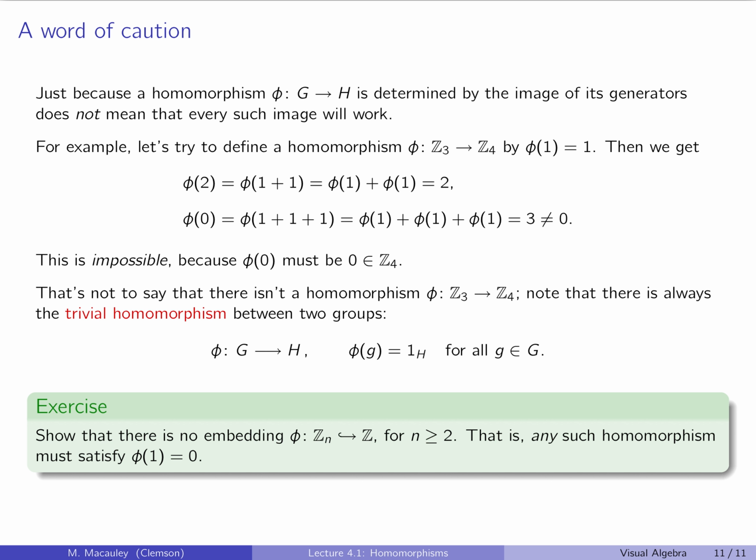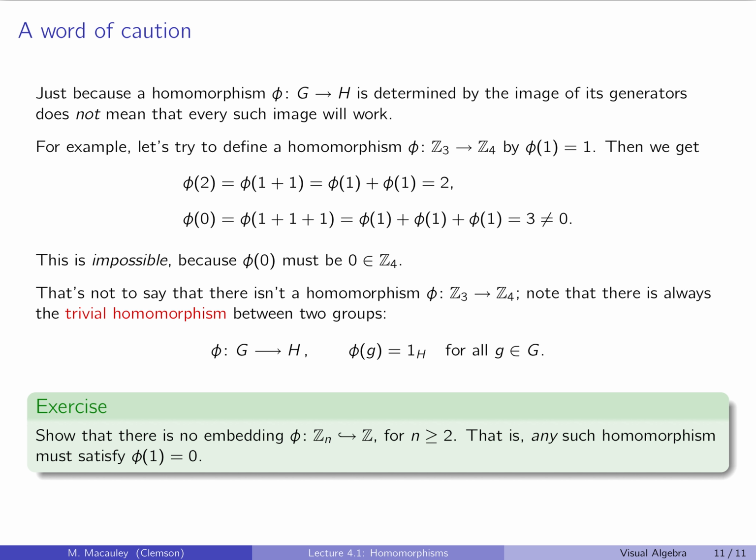I'll leave you with an exercise and a sketch about how the proof is supposed to go. This asks you to show that there is no embedding from the finite cyclic group Zn to the infinite cyclic group Z, as long as n is at least 2. Another way of saying that is that any such homomorphism between these groups has to send the generator 1 to the identity element 0.